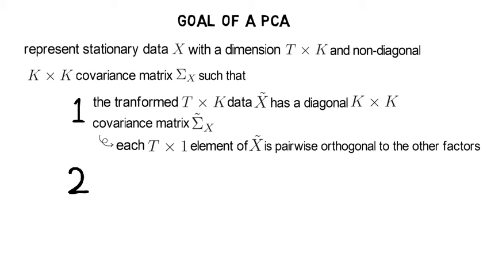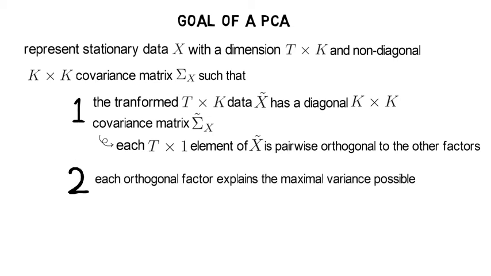And second, each orthogonal factor explains the maximum variance possible. And third, X tilde contains exactly the same information as X.